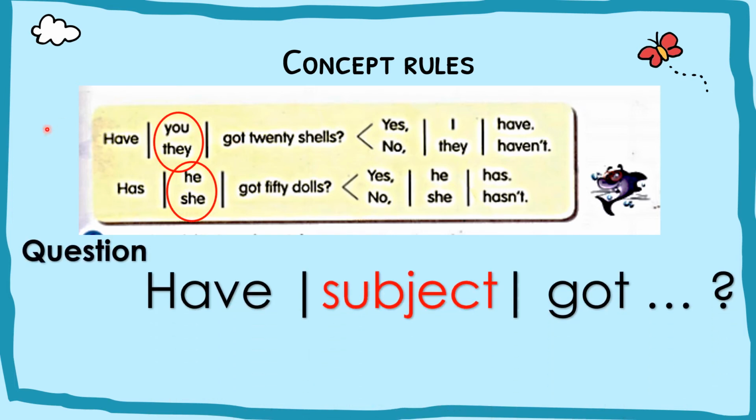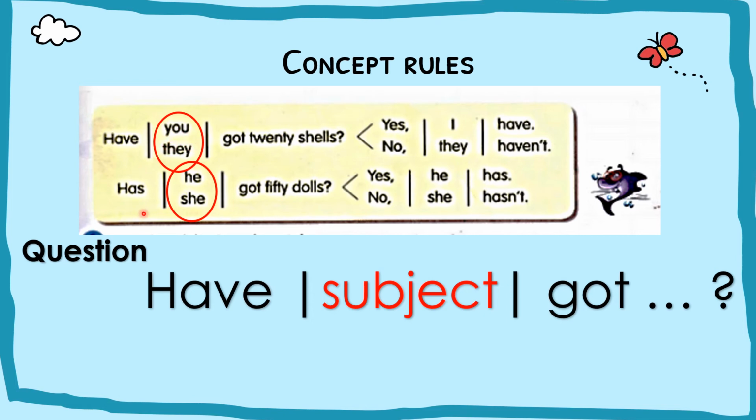If you use have got in a question, have got will be split by the subject in the middle. We're going to put the subject between have and got. For example, have you got or have they got. But you need to make sure that if you use have, the subject must be from the plural group.